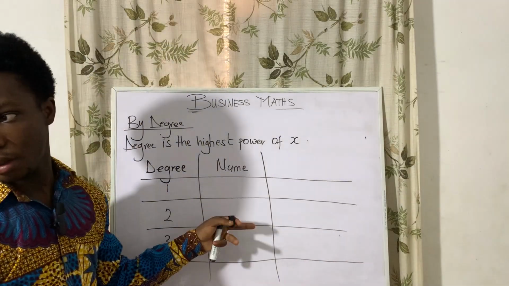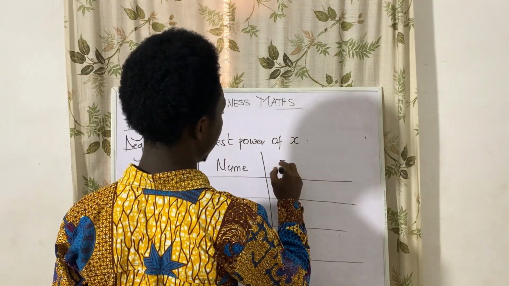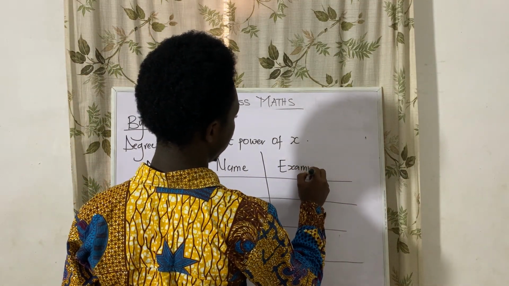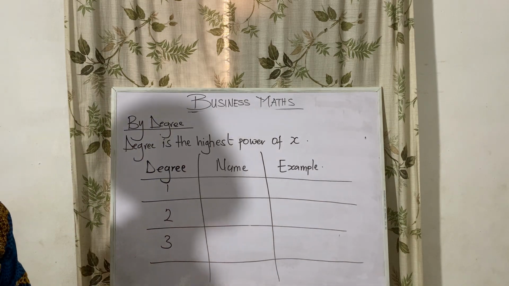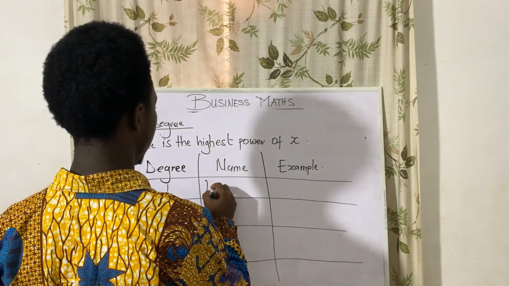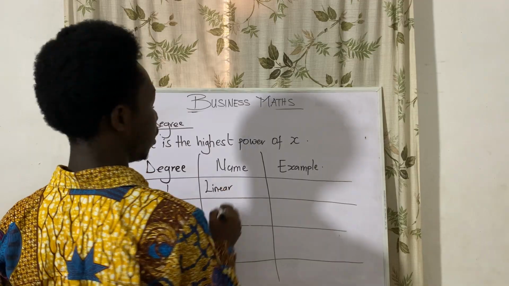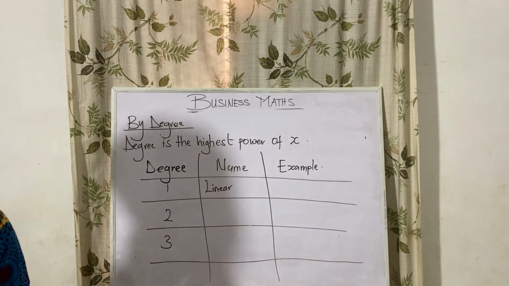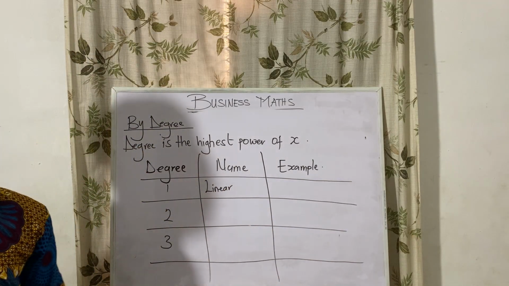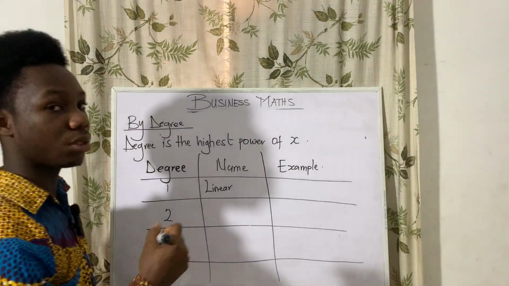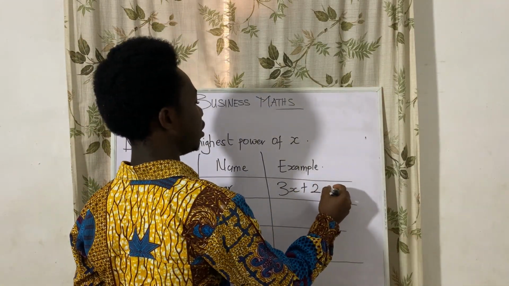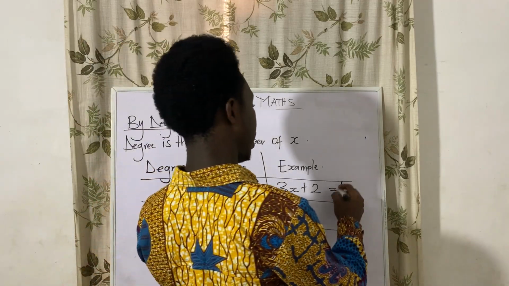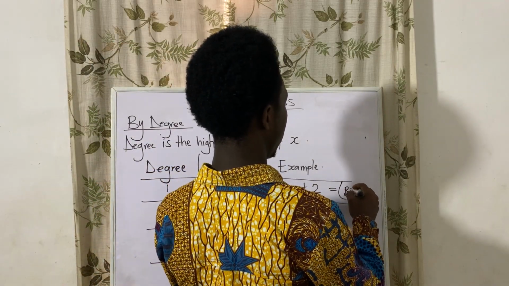Now degree 1 is also known as what? Linear. An example of a linear polynomial is 3x plus 2. This 3x plus 2 falls under binomial.